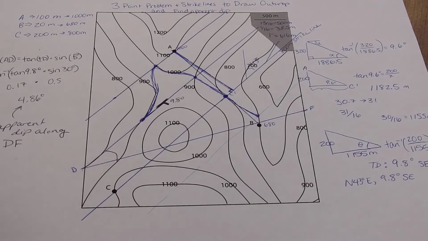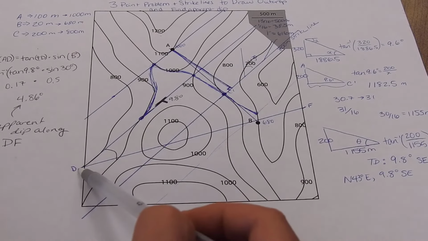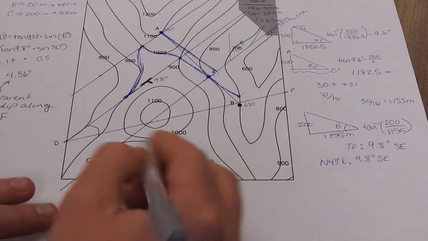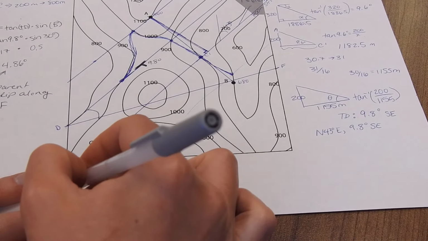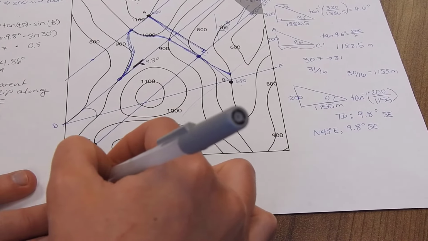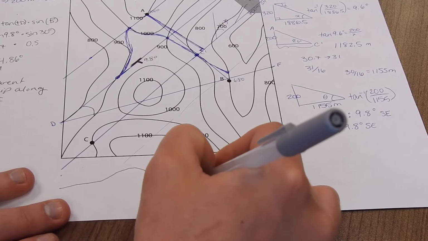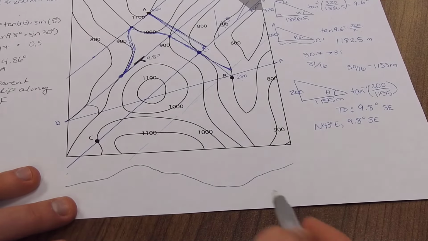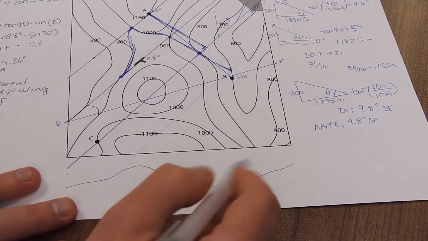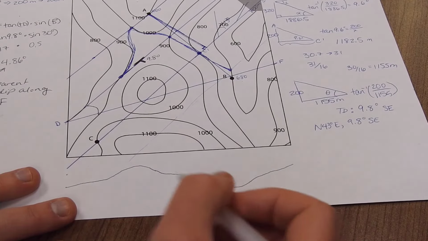So if I were going to make a cross section, and that cross section is going to represent what's happening in the subsurface between D and F, and let's say we have no vertical exaggeration, let's say that's your topography. We know that we are dipping 9.8 degrees to the southeast.